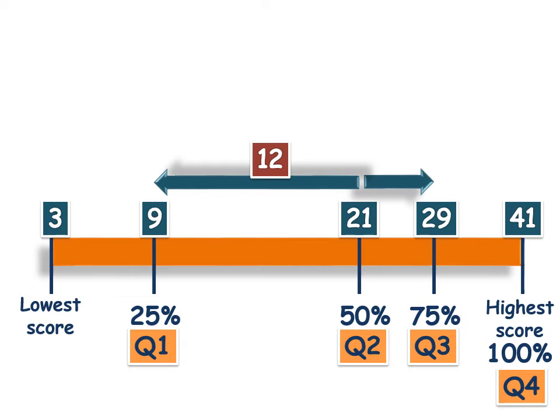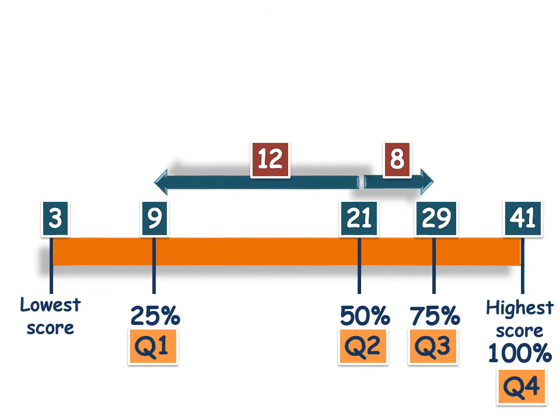Now on the right hand side of the median, you find that this distance is barely 8 marks. 29 minus 21 is 8 marks. So between Q3 and Q2, you have 25% of the students who are spread over 8 marks.